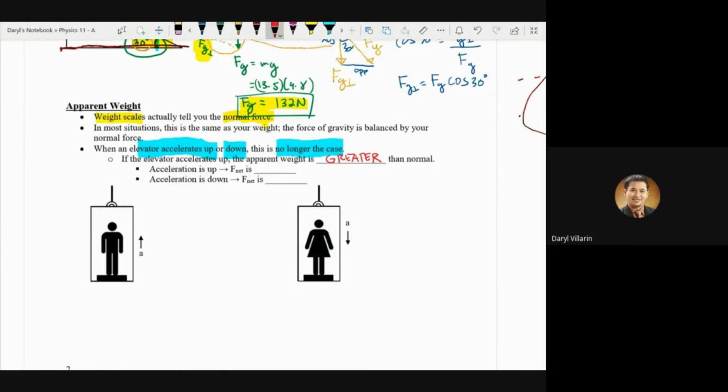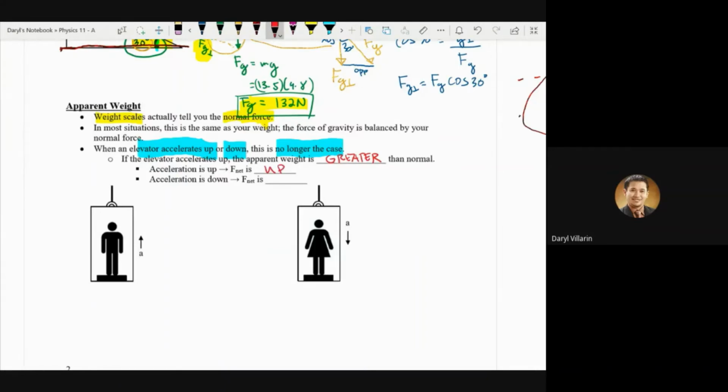By Newton's second law, the direction of your acceleration is the same as your net force.